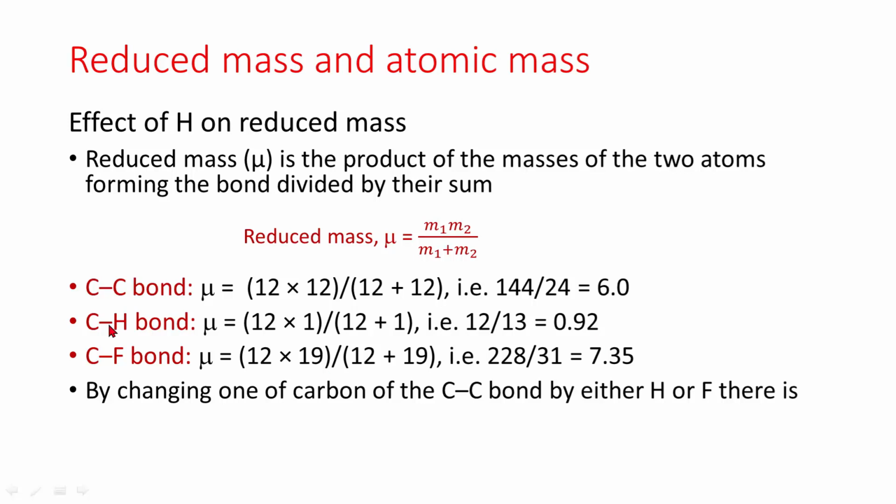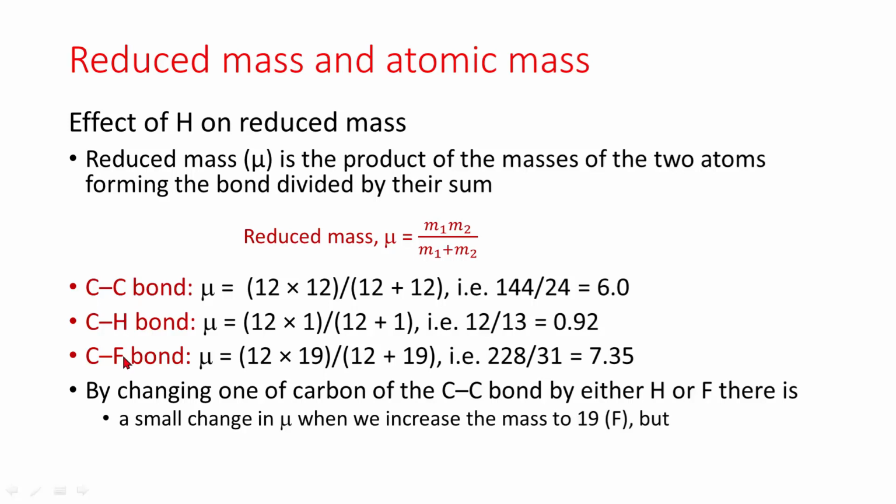By changing one carbon of a carbon-carbon single bond with hydrogen or fluorine, a small change in reduced mass is observed when we increase the mass to 19 in case of fluorine, but an enormous change is observed when we decrease it to 1 in case of hydrogen.